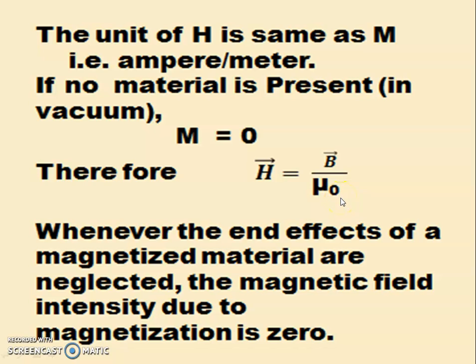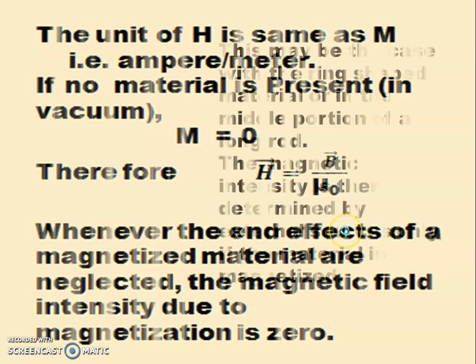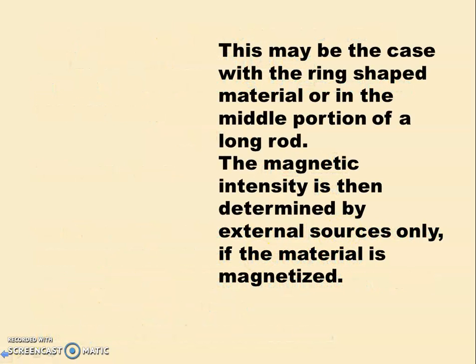Whenever the end effects of a magnetized material are neglected, the magnetic field intensity due to the magnetization is 0. This may be the case with a ring shaped material.